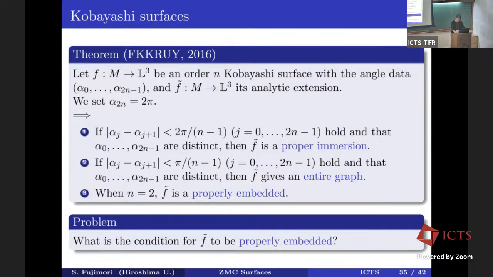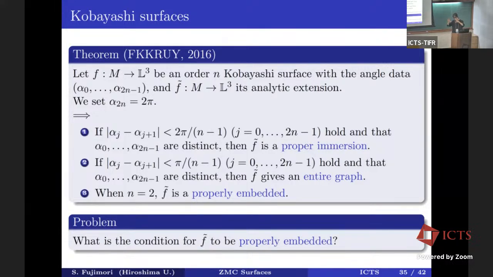So there is a remaining problem. So we see that we have the conditions for the surface to be an entire graph and properly immersed. But somewhere between these, there is a phase where proper embeddedness holds and where proper embeddedness doesn't hold. But so far, we don't know where it happens. So for the Kobayashi surface, if the alphas are located symmetrically, then it is an entire graph.